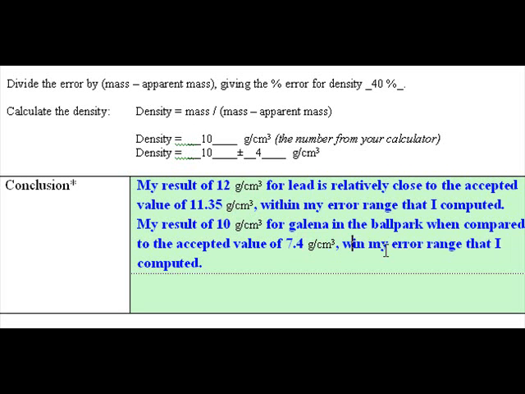Still within my relatively large error range of 40%. So that or similar is what you would write.